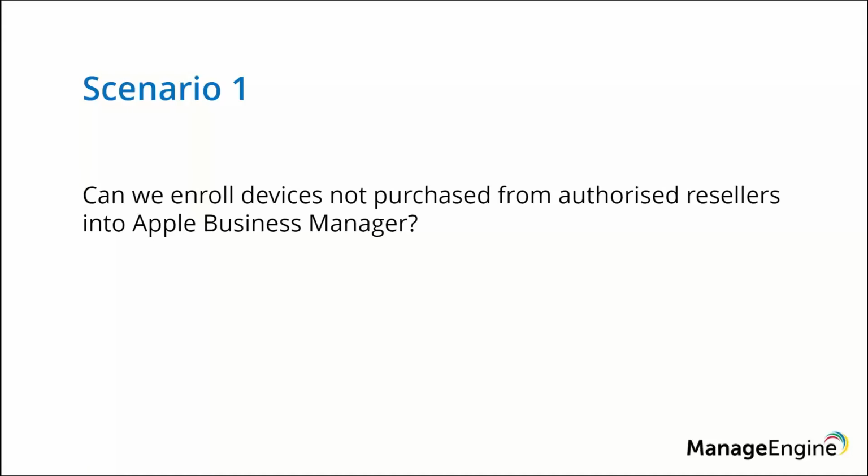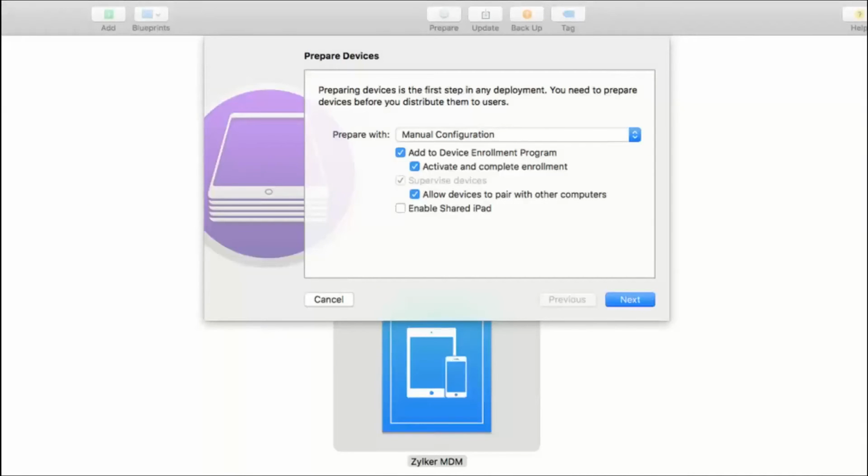Normally, Apple will not allow such device addition into Apple Business Manager, but MDM facilitates this through the Apple Configurator option. So with Apple Configurator, you can go with the blueprint and you can choose the Add to Device Enrollment Program option, which will add the device to Apple Business Manager, even though they are not purchased from an authorized reseller.